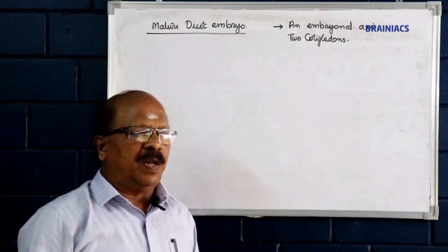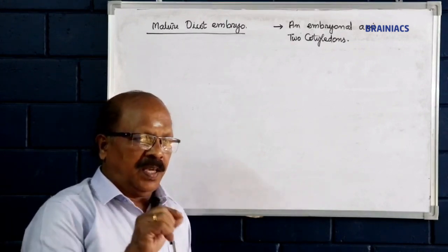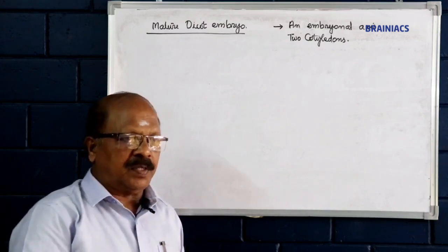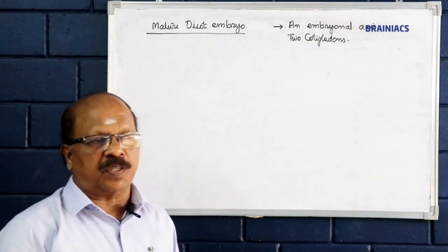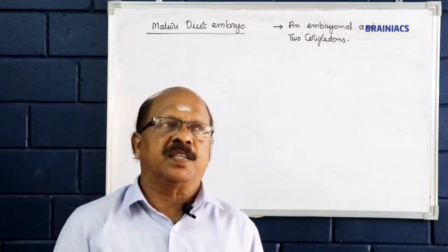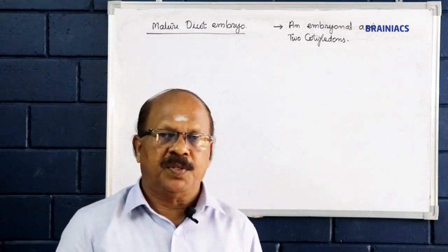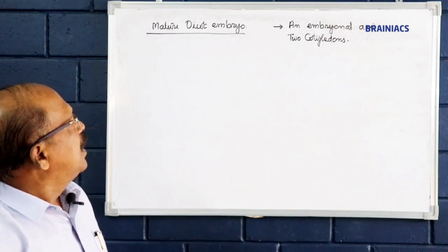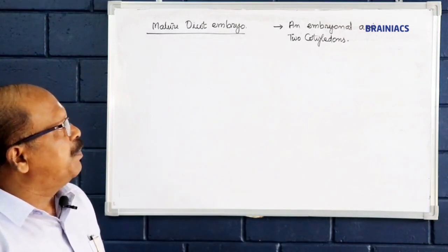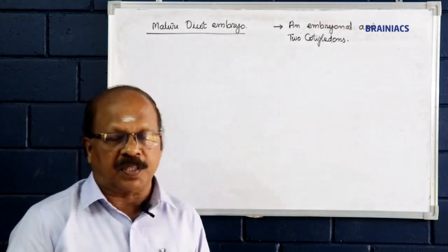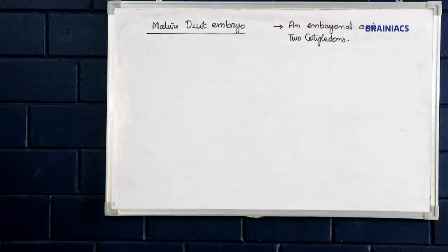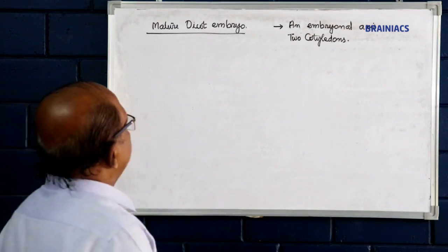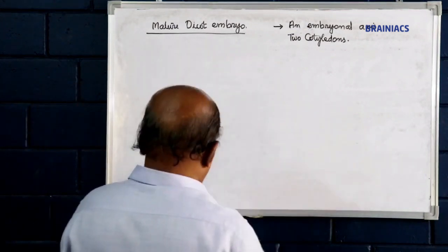That is why, depending upon the number of cotyledons, the embryo is of two types. In turn, plants are also of two types. Dicotyledonous plants have two cotyledons in their embryo. Monocotyledonous plants have only a single cotyledon in their embryo. See, like that. And that is why a typical embryo contains an embryonal axis and two cotyledons in dicots. Then the mature embryo.